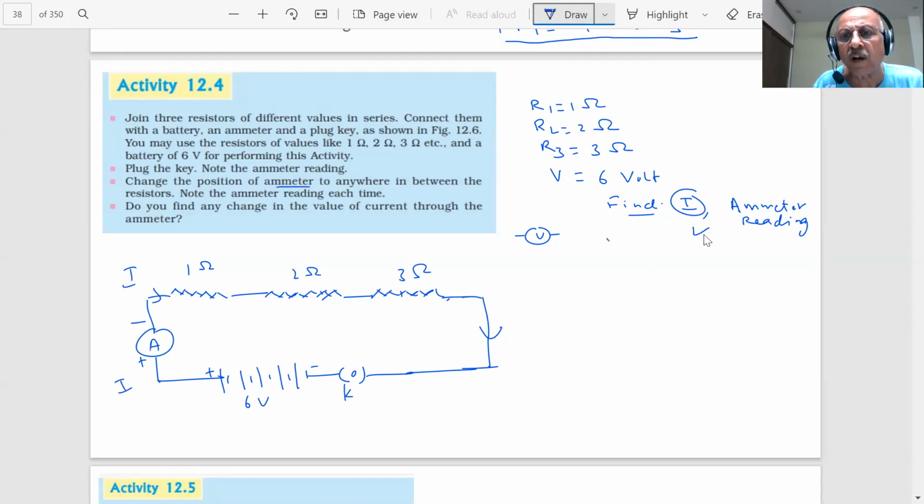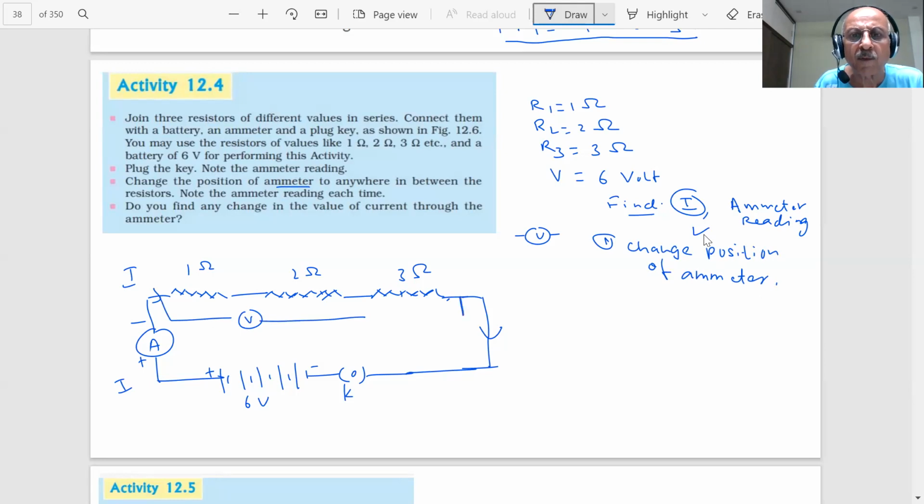I will change the position of the ammeter. This is my voltmeter, you already know. I'm putting it here right now. This is plus and this is minus. Now I remove the ammeter from here, and where do I bring the ammeter?